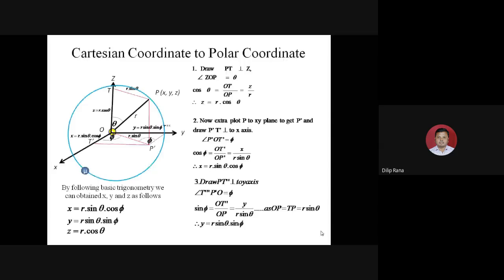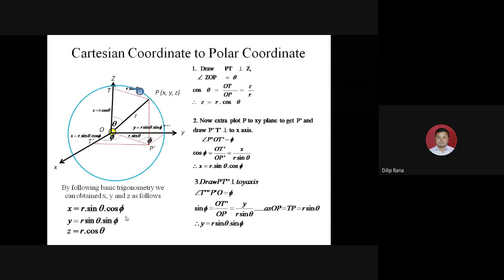Cartesian coordinate means this is x, y, and z, and in polar coordinate we can see here the radius, that is r, the distance of the particle from the nucleus, then theta and phi. These are the angles. So when we convert to the polar coordinate, we get information much closer to the atomic system.